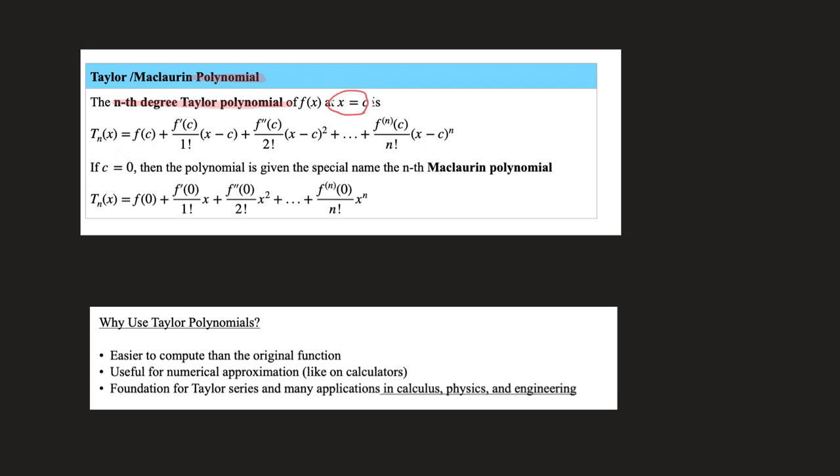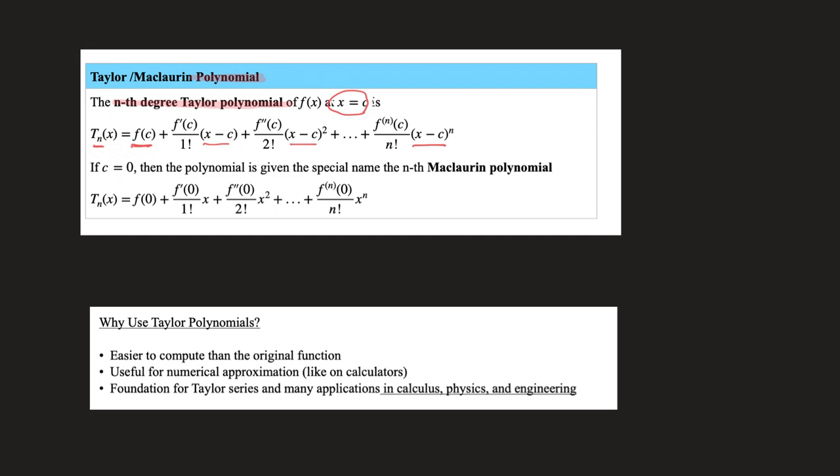Now, a Taylor polynomial goes up to degree n: the constant f of c, degree 1, degree 2, up to degree n. That's what we call the nth degree Taylor polynomial. We can manage a polynomial, even though it takes a while to calculate, and we can find the sum of a Taylor polynomial. But we cannot find the sum of a Taylor series.